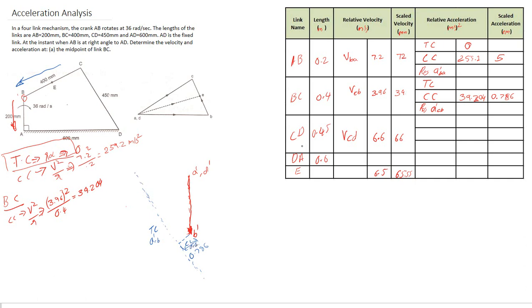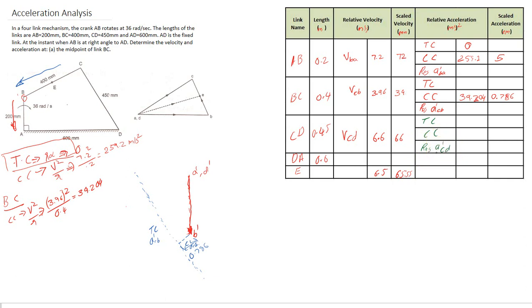Next, what we are going to do is plot the centripetal component of the link CD. Here also we are going to determine the centripetal component, and finally the resultant A dash C with respect to D.